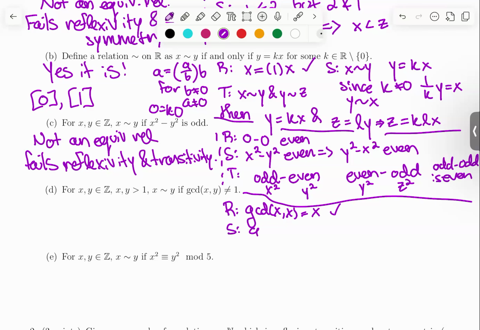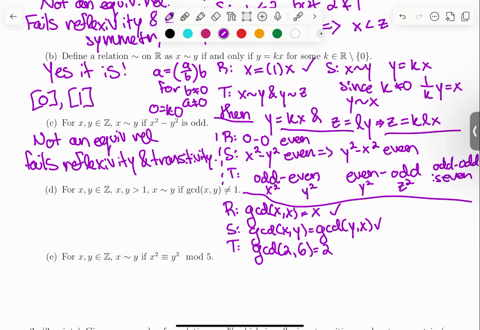Symmetry, GCD of x, y is the same as the GCD of y, x. So that's good. Transitivity, well, this is where things start to go south. You can have GCD of 2, 6, right? That's going to be 2. That's not 1. And GCD of 6, 3.